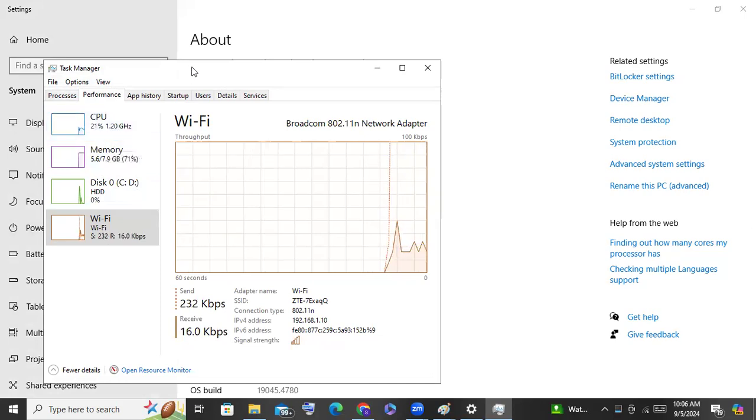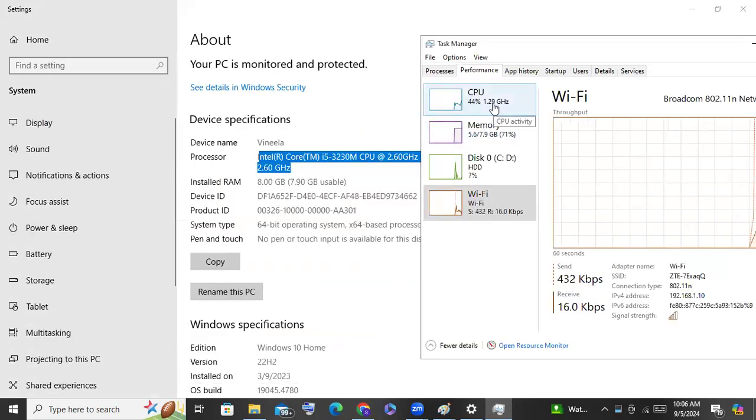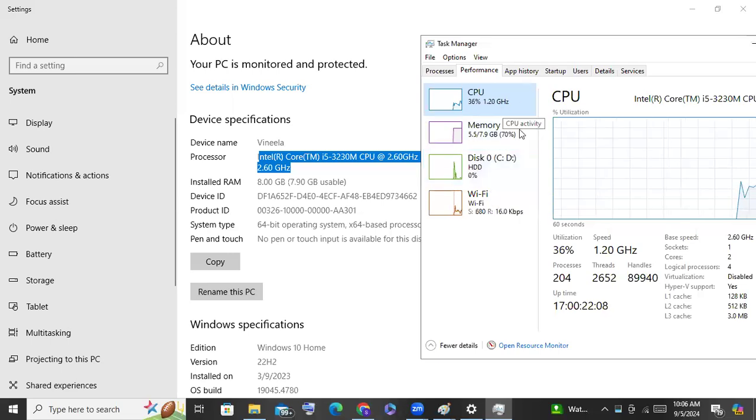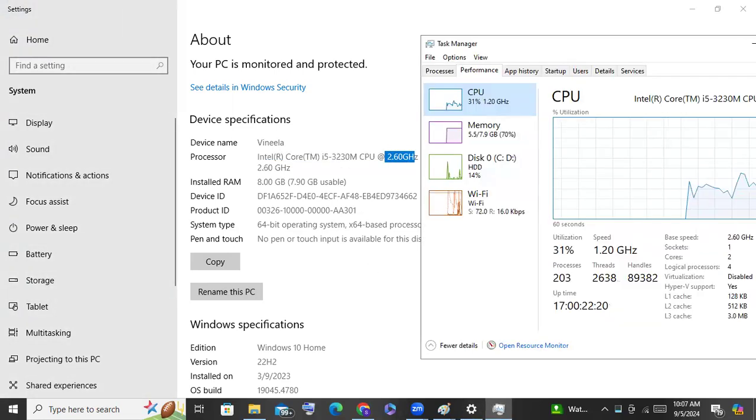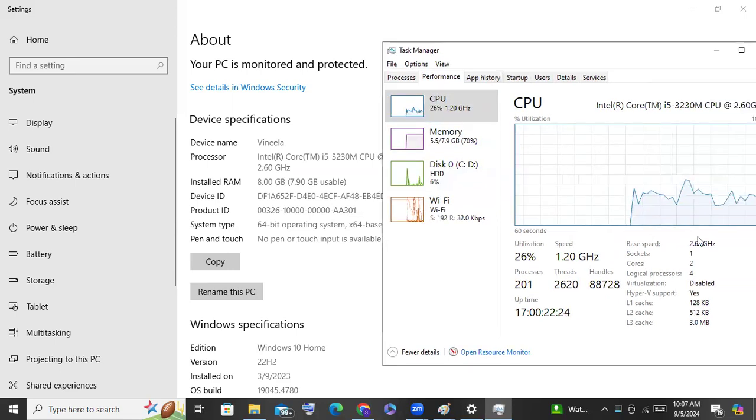So what is my CPU? My CPU is like 1.2 gigahertz. Presently, the speed is 1.2 gigahertz. But what is the complete speed? It is 2.6 gigahertz. Is it matching? Yes, guys. Everybody able to see my mouse, right?